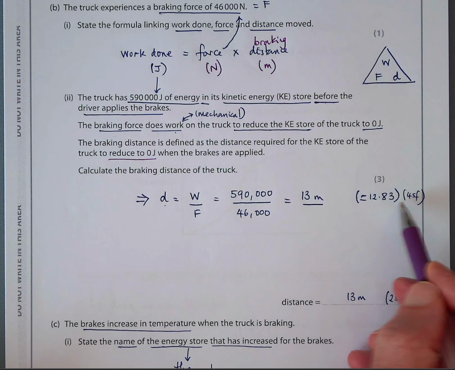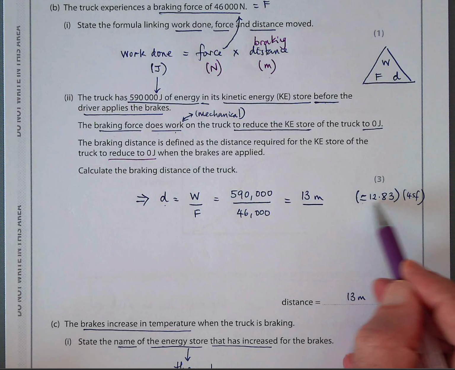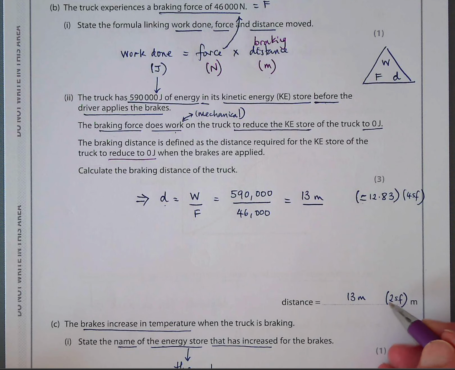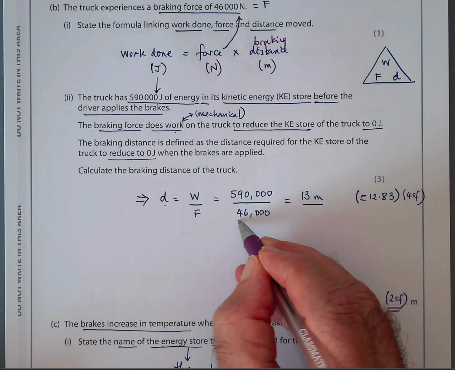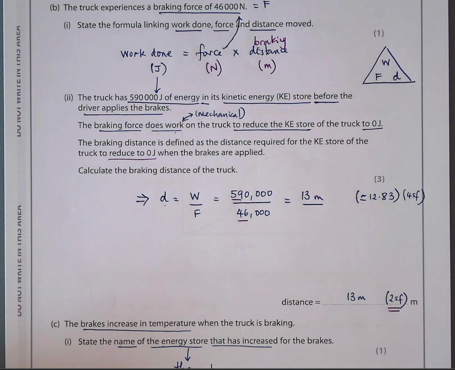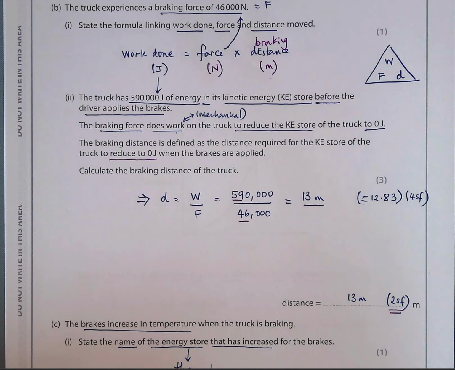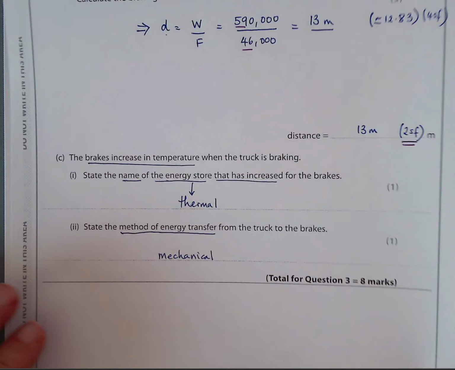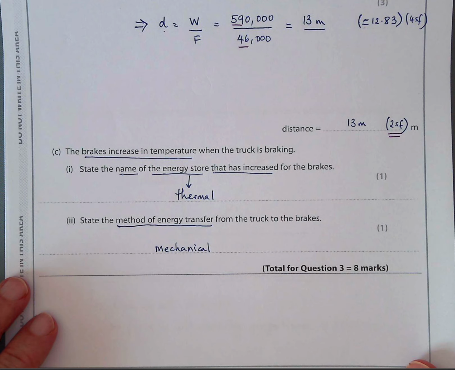You could show it as 12.83, but then really you should only use two significant figures, because they give you the force to two significant figures and they give you the work to two significant figures. So that's how you can work out how many decimal places you should include or where you should round them up to. Okay, that's a good general tip for any physics paper.